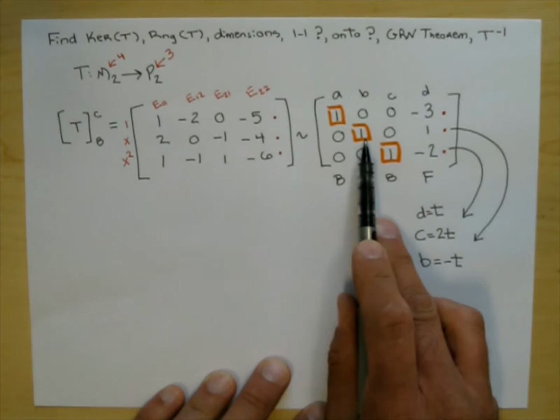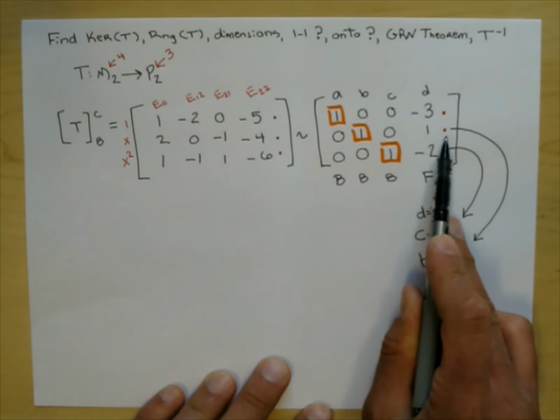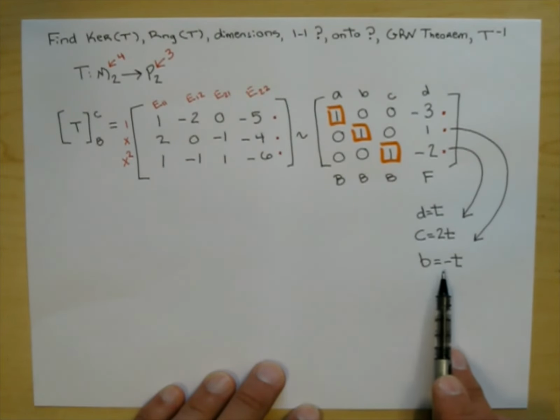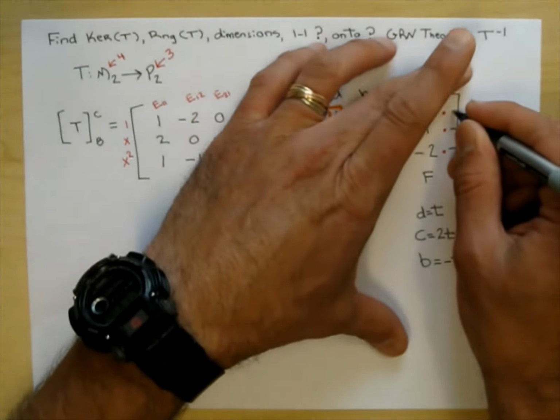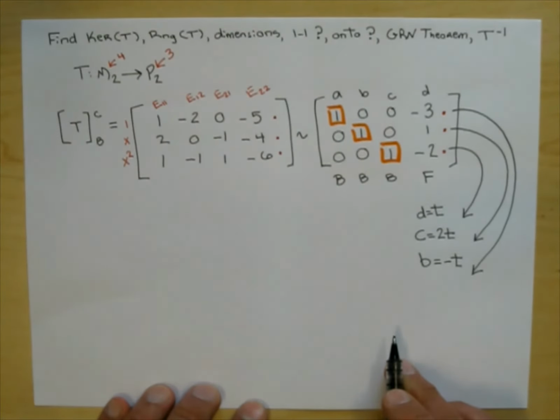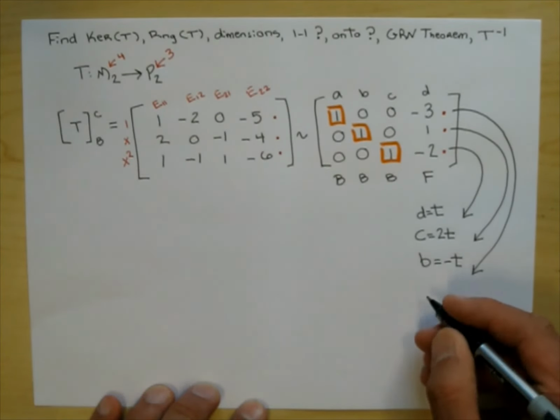The second row says B plus D equals 0. B plus T equals 0, so B is negative T. The first row gives me the equation A minus 3D equals 0, A minus 3T equals 0, A equals 3T.